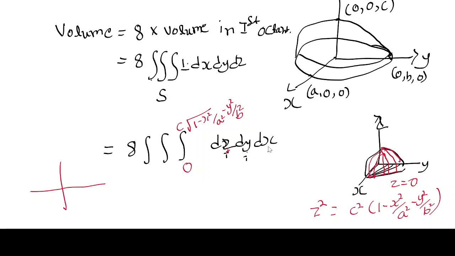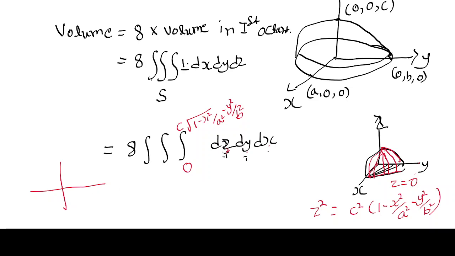The remaining variables are y and x, so we will take xy. Suppose if I had written dy, then the remaining variables would be z and x, and we would take the projection on the zx plane. If I had dx here, then the remaining would be y and z, and we would take the projection onto the yz plane.